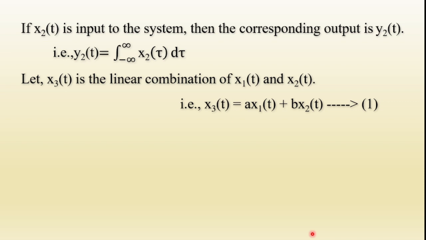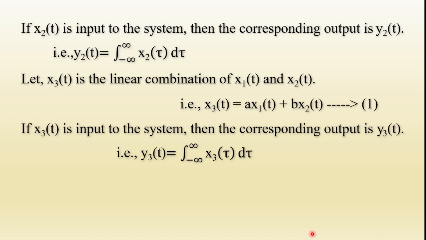Similarly, consider the third system, whose input is x3 of t and its corresponding output is y3 of t. That is, y3 of t is equal to integral from minus infinity to infinity of x3 of tau d tau. But x3 of t is equal to a x1 of t plus b x2 of t.